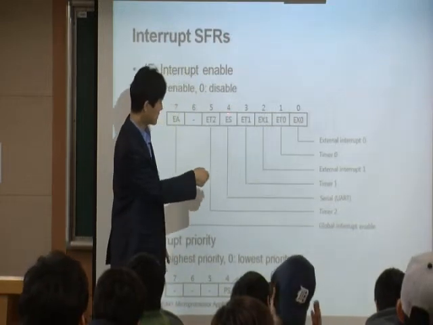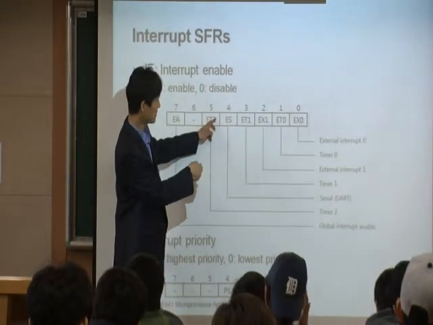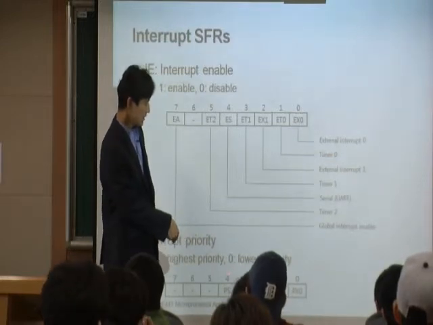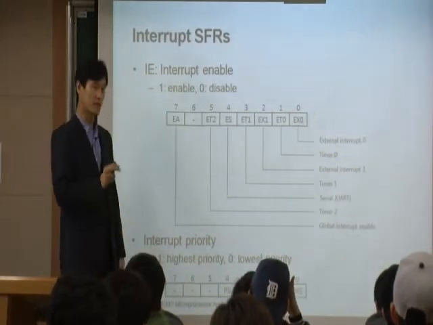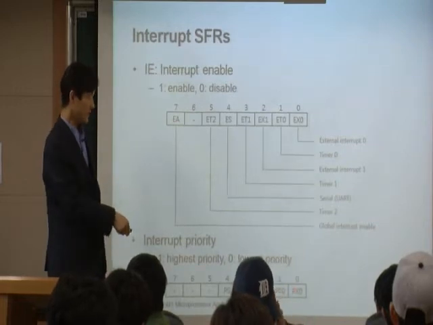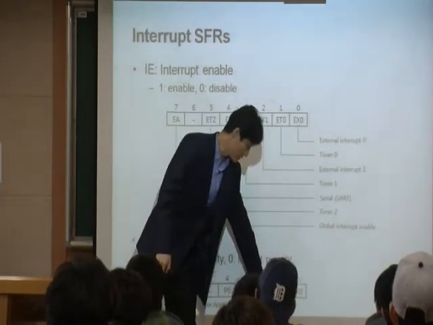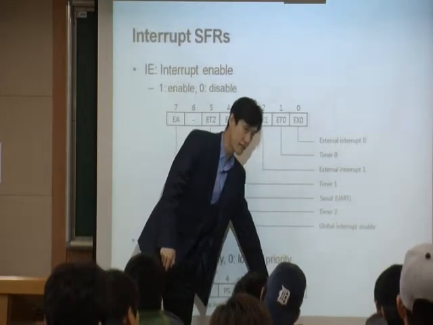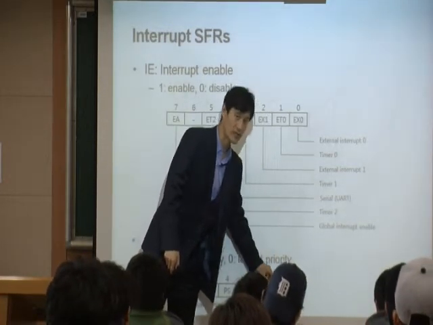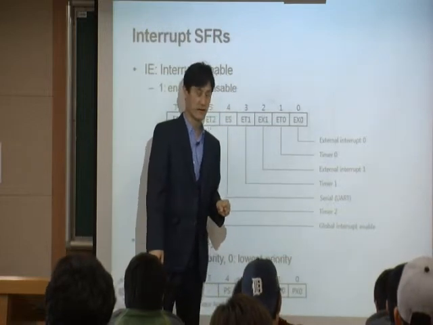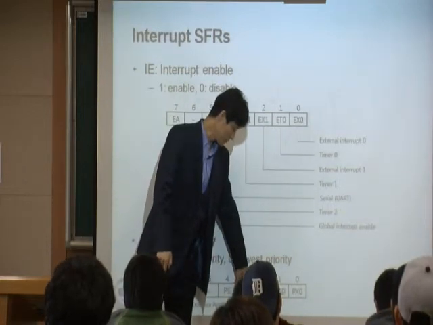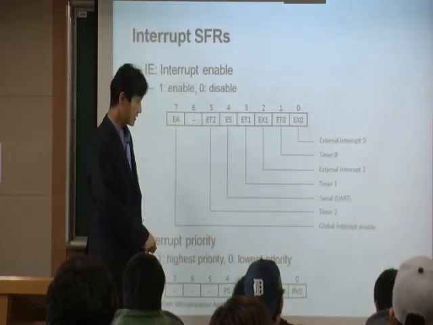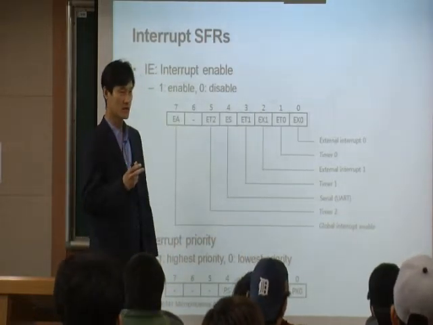Same order like this, right? Look at the 5 different bits here, basically the same order. And this particular bit is for setting the priority. So if I make this bit 1, that means I want to make my timer 0 higher priority. Setting 1 makes it higher priority, and setting 0 makes it lower priority.